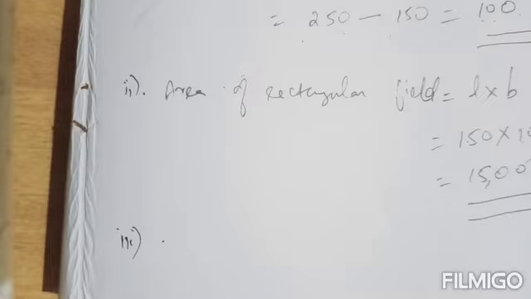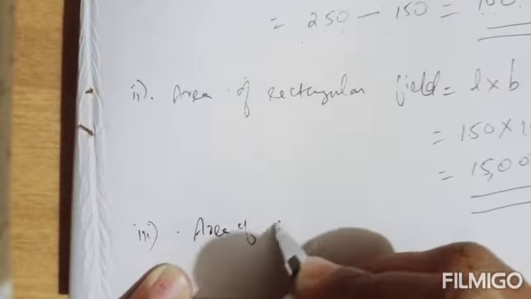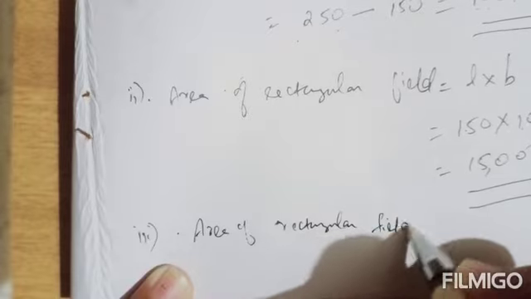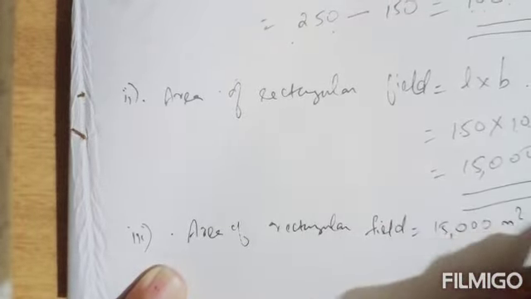So here you have to find the cost of plowing the field. In order to find the cost of plowing the field, we need an area of that rectangular field. Okay, area of rectangular field, we already find it 15,000 meter square.